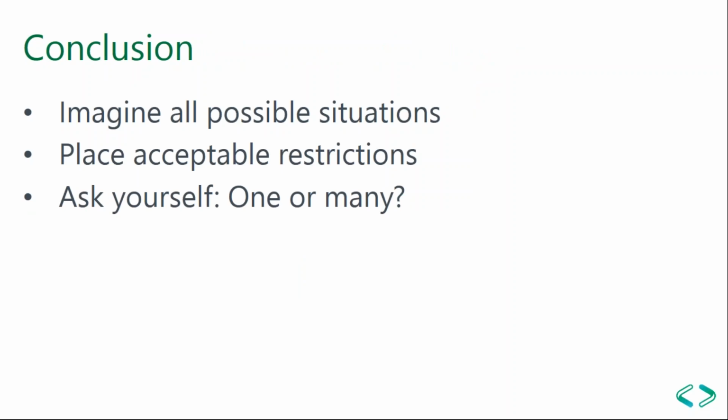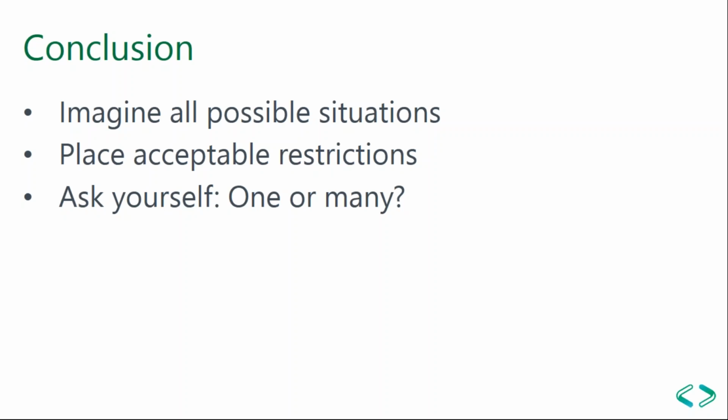In conclusion, I'd like to say that you should always ask yourself if you have one or many entities, one or many attributes, one or many values. So please consider all possible situations: what will happen if you have a change in the last name, a change in birthday, a change in address.